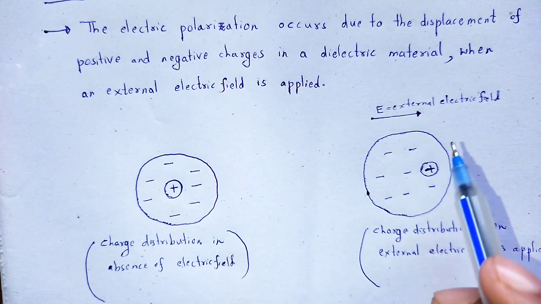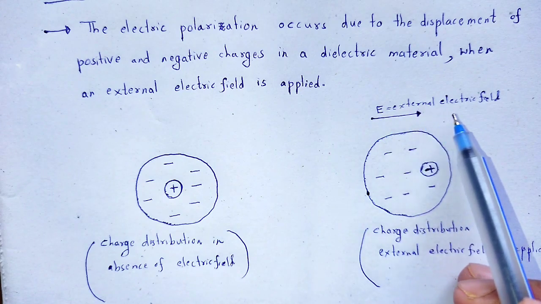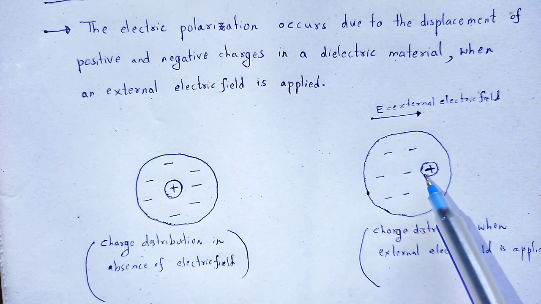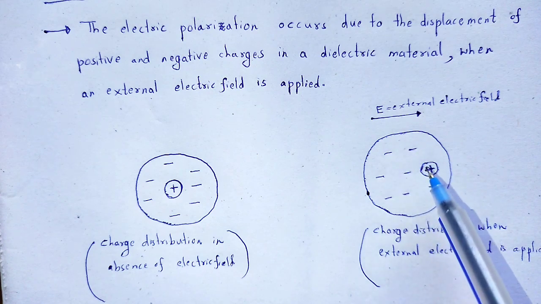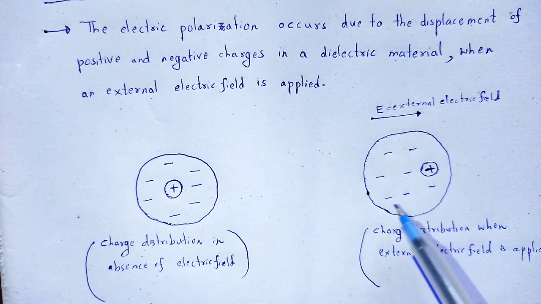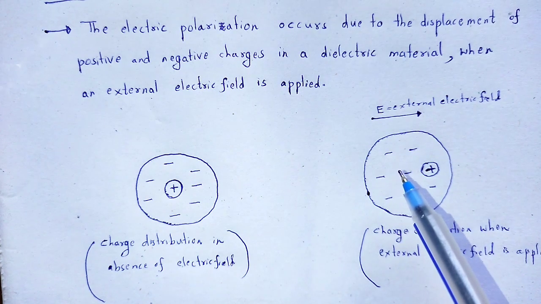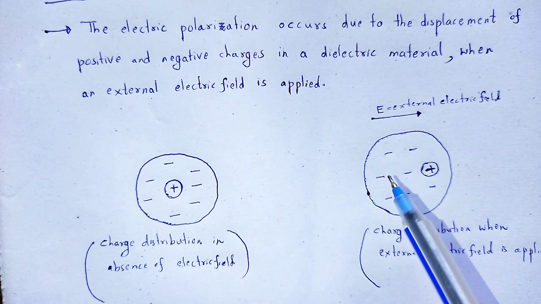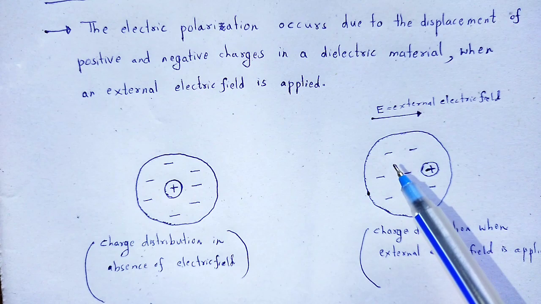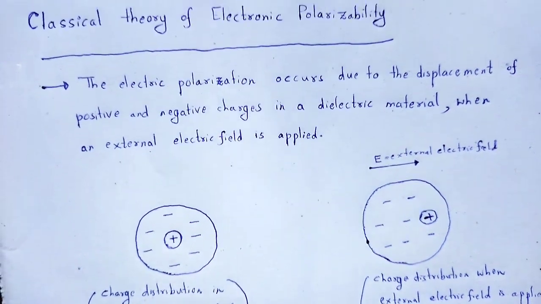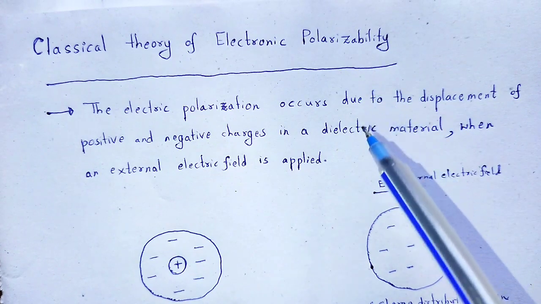But due to the presence of an external electric field, there is a rearrangement of the charge distribution, and now the atom becomes polar, and that process is known as polarization, and that kind of polarization is termed electronic polarization.